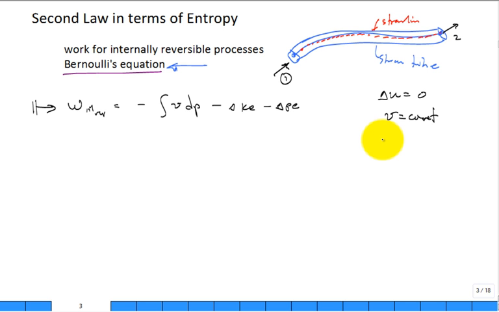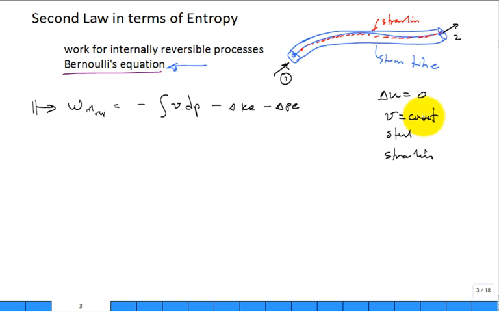So I'm encouraging you to go back and review and then tie it in with what we got. It's covered in our thermo textbook, Bernoulli's equation. It falls out of the energy equation. So we have that specific volume is constant, meaning it's incompressible. It's a steady flow along a streamline. Here we'd say stream tube.